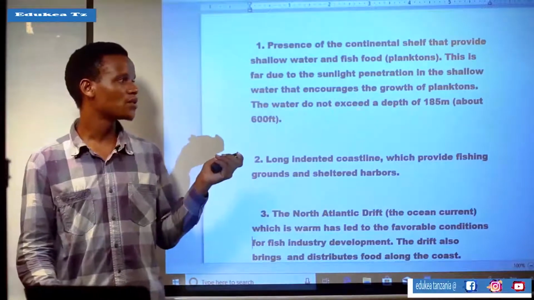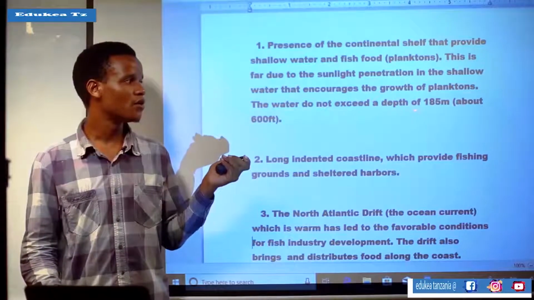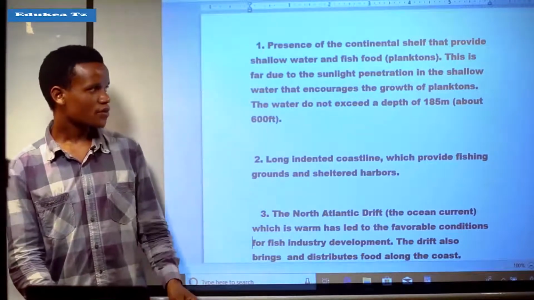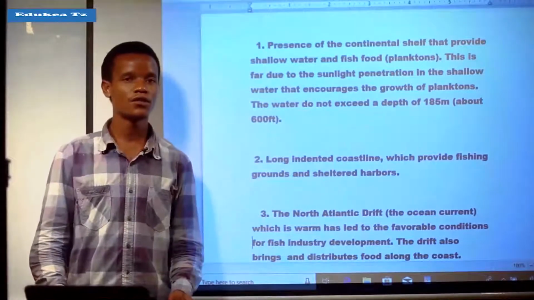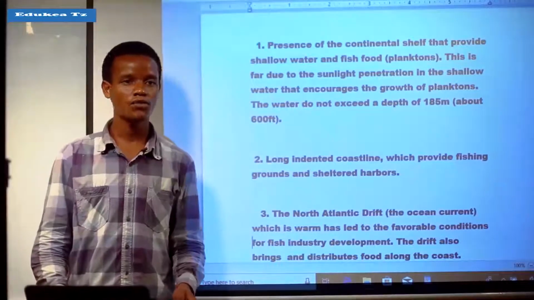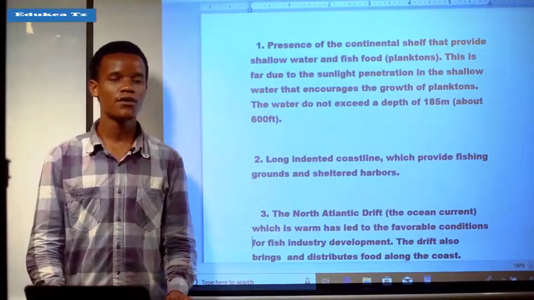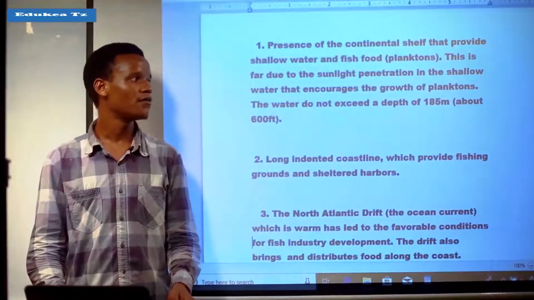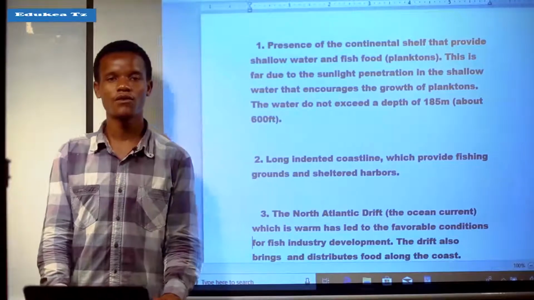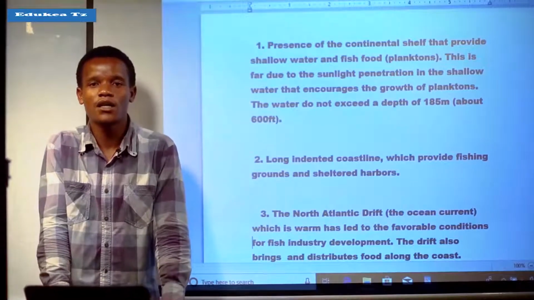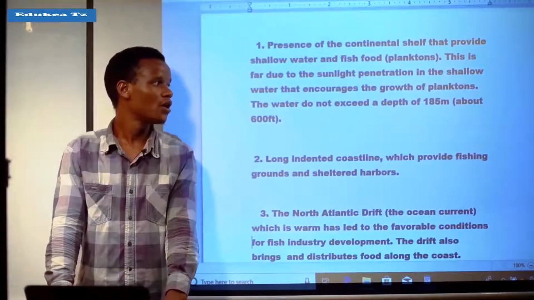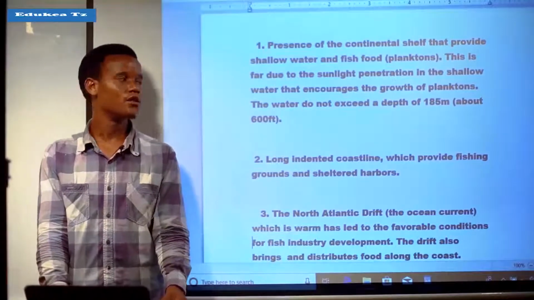The water does not exceed a depth of 185 meters. So the presence of the continental shelf is among the factors that contributed much to the development of fishing in Norway.